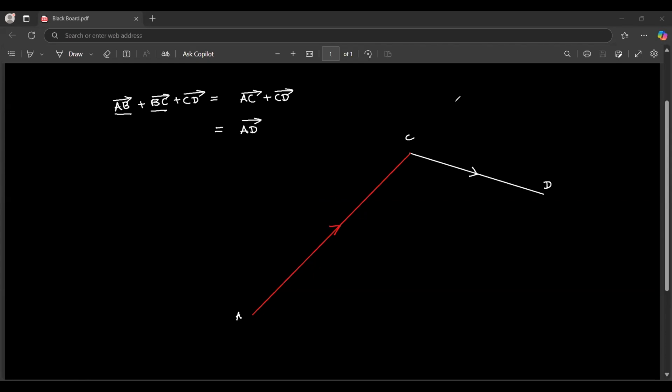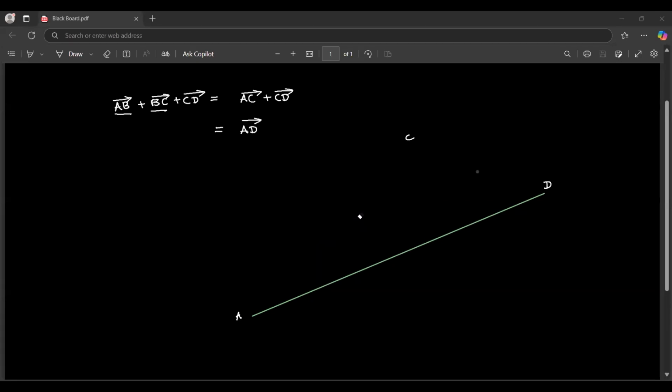Now when you add AC and CD, you will get AD. But what happens to AC and CD? They disappear too. So the final answer will be AD. So this is the polygon addition of vectors. These two are very important when we are talking about position vectors.